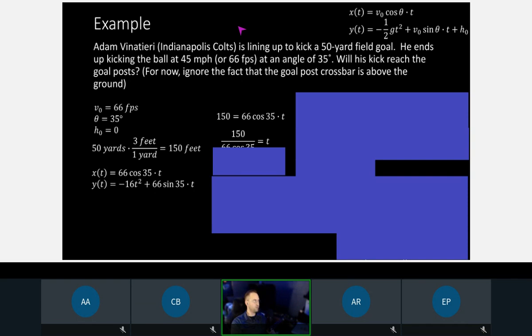You take 150, divide it by 66 cosine 35, and you get 2.77. So it's going to take 2.77 seconds to get to 150 feet.